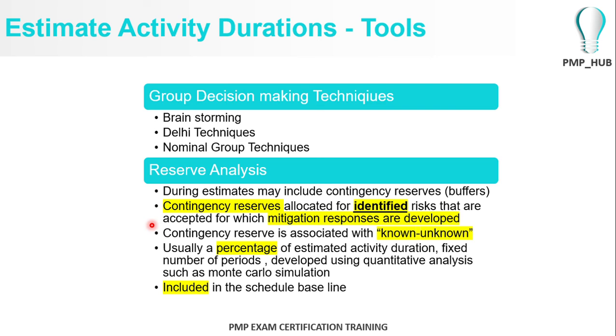Say, for example, for a software development part of a particular model, you need 100 man days of software development resources. You might add a contingency buffer of another 10%. So usually a contingency reserve is a percentage of an estimated activity duration or a fixed number of periods. And it's important to understand that this contingency reserve is included in the schedule baseline of the project.